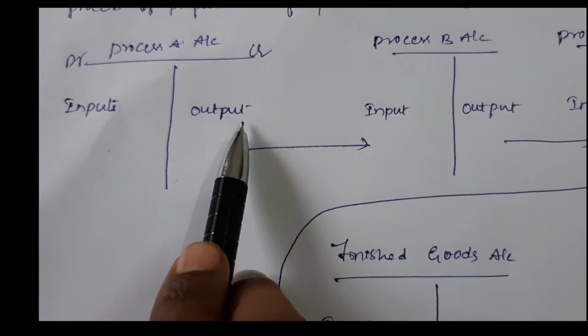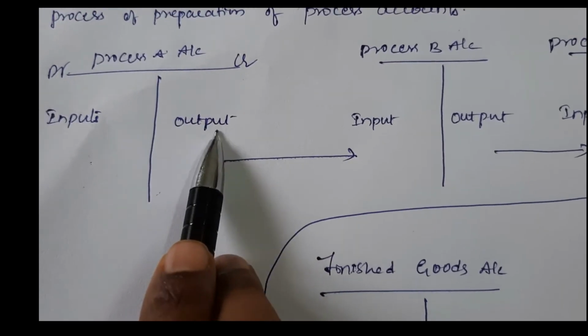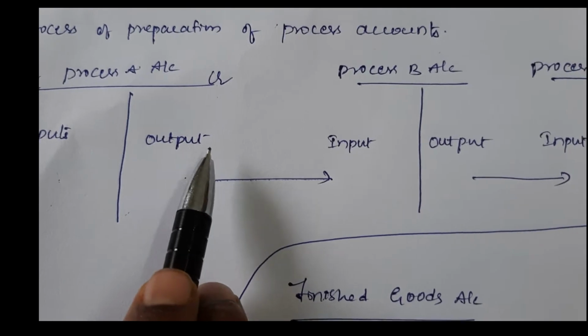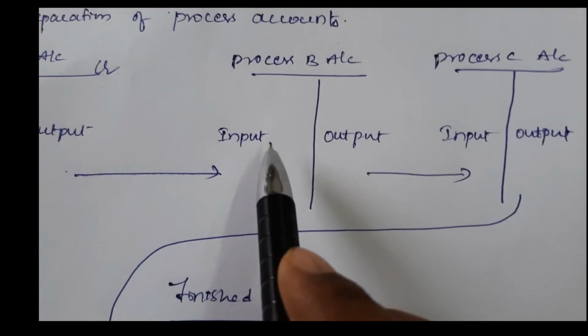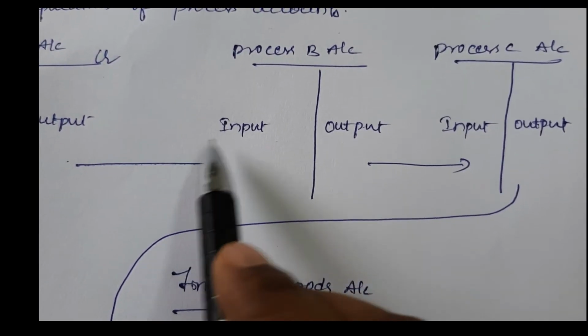And you will get the final output under process A. That will be transferred to process B, the second stage, as input.